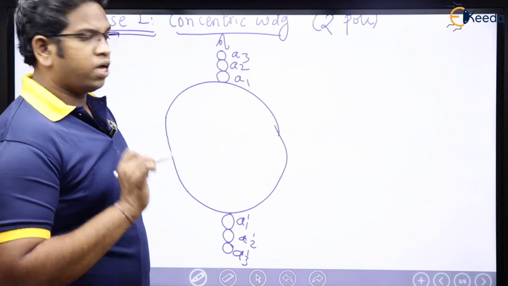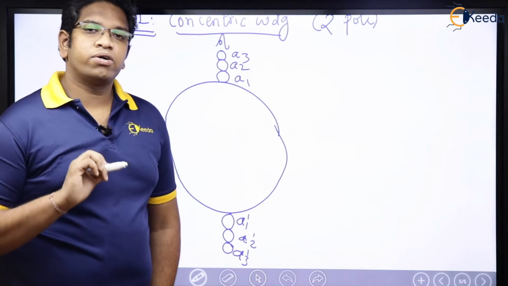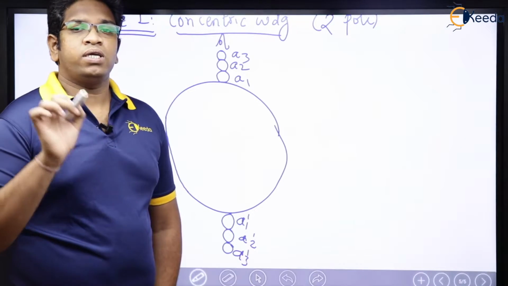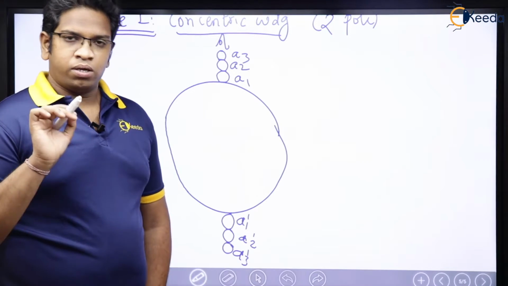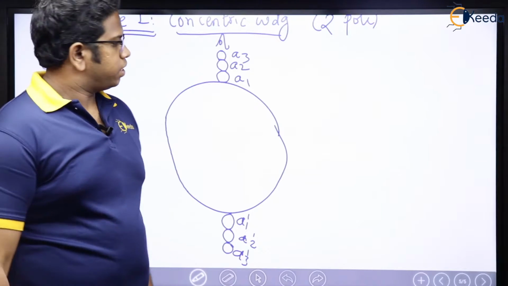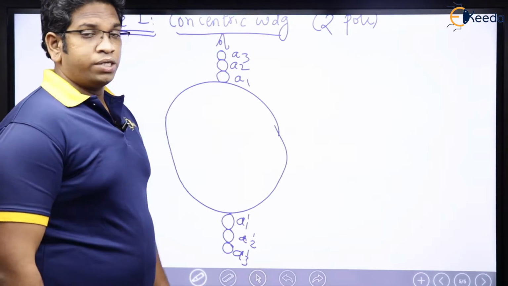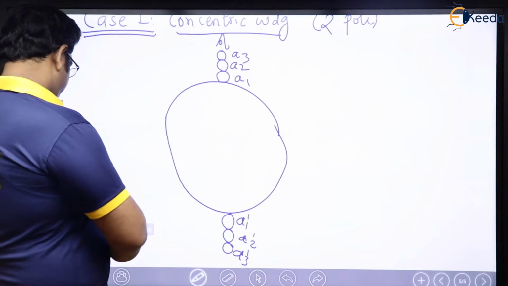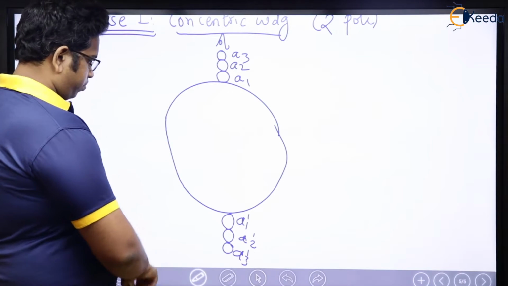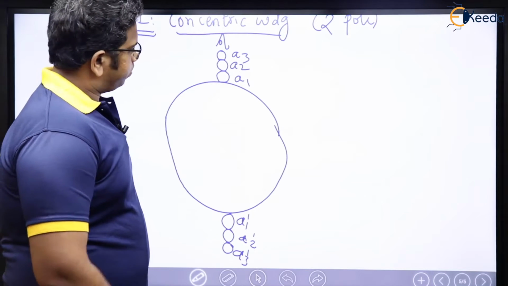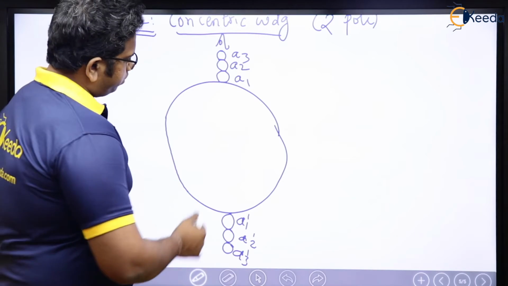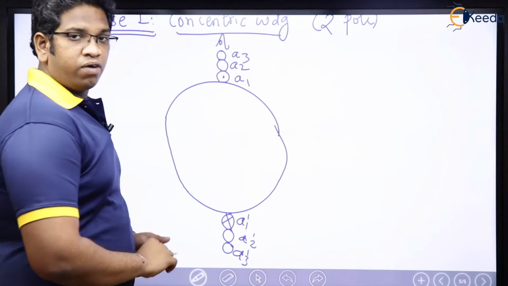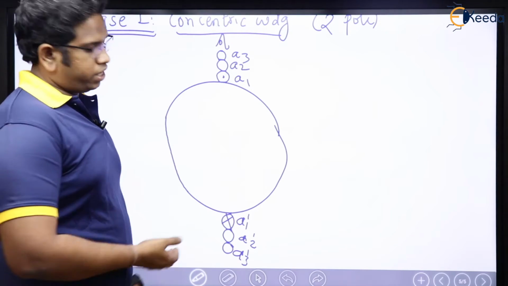By the way, when I was speaking about MMF, I am not at all speaking about field MMF. I am speaking only about the MMF of stator, means MMF coming from the stator. So now let us see how that MMF is. See dear, very simple. If for example this is dot as usual and this is going to be cross, how is the MMF for A1 and A1 dash?